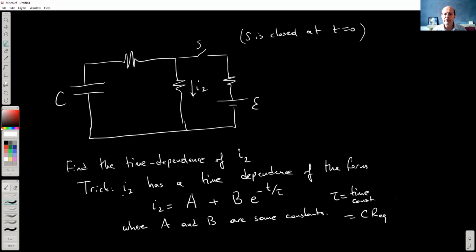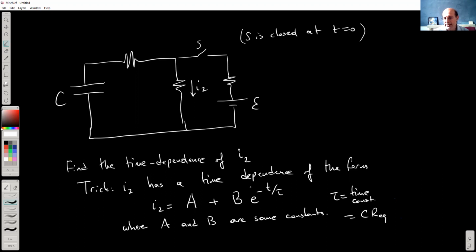As a result, you don't have to write down a differential equation and try to solve it. You can directly start from this, right? That's a possibility. And in the chapter 26 homeworks, I'm going to ask questions like this: this variable has this kind of time dependence where there are these two unknown constants. Find what these constants are.